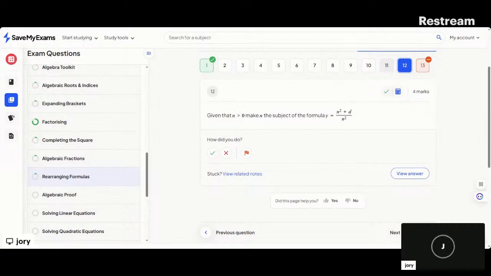Let's make n squared a variable like a. So it's y equals (a plus d) over a. Okay. It's going to be ya equals a plus d. I'm going to... I don't know.